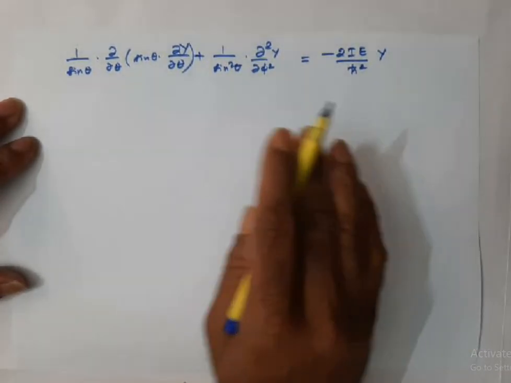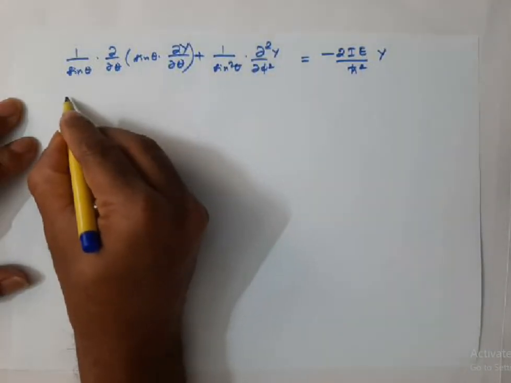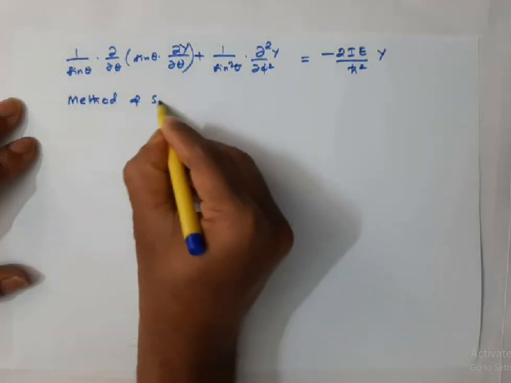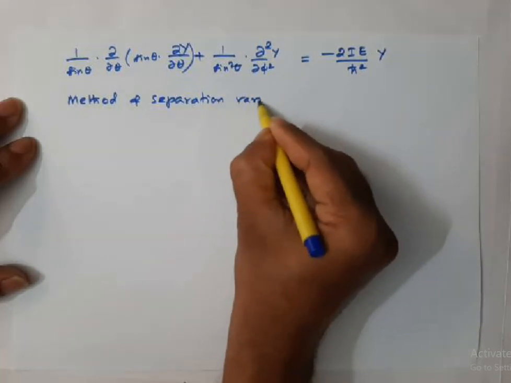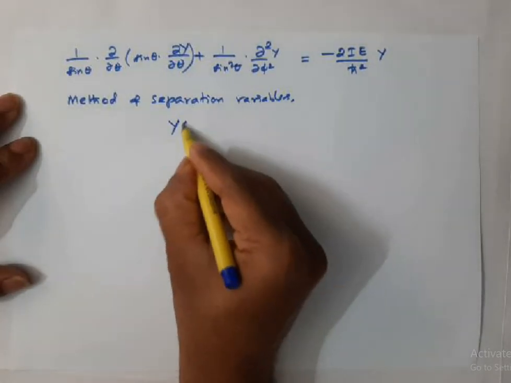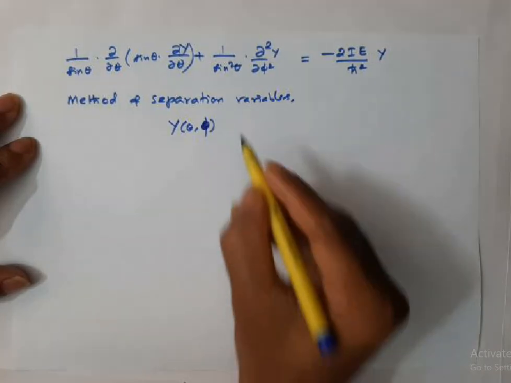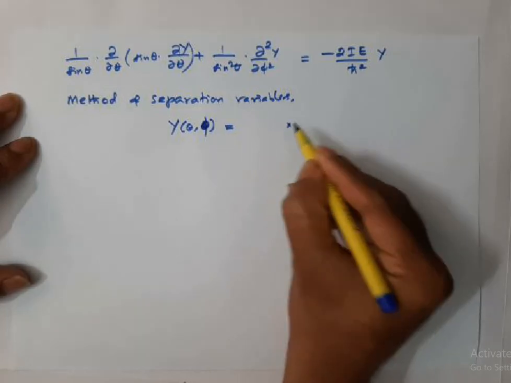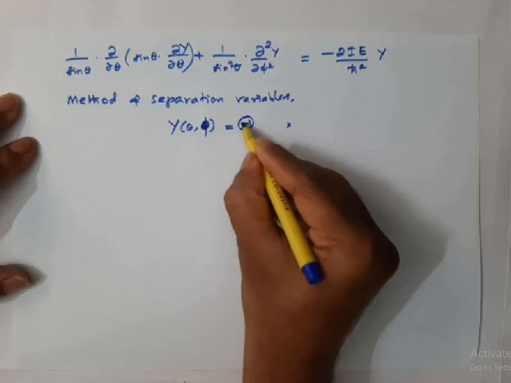So I'm going to solve this by using the method of separation of variables, according to which this Y, which depends on theta and phi, can be separated into two. One depends on theta alone, the other one depends on phi alone. Listen, the theta function, it is the usual way of writing the theta function.